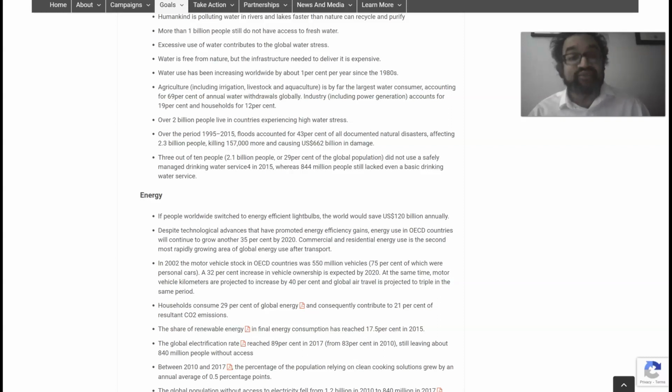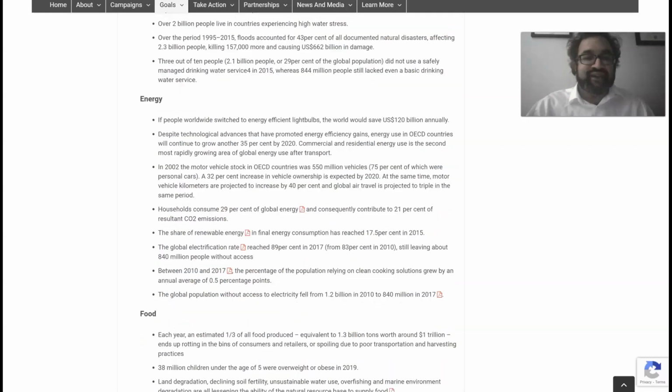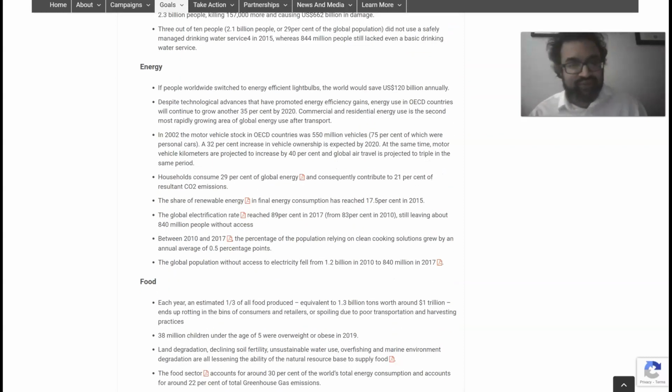It affects 2.3 billion people, so any sort of calamity or disaster affects a lot of people, and the lack of resources also affects people. If people worldwide switch to energy efficient light bulbs, I said this earlier, we're going to save $120 billion.